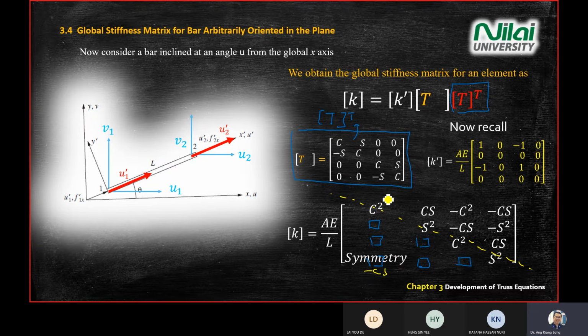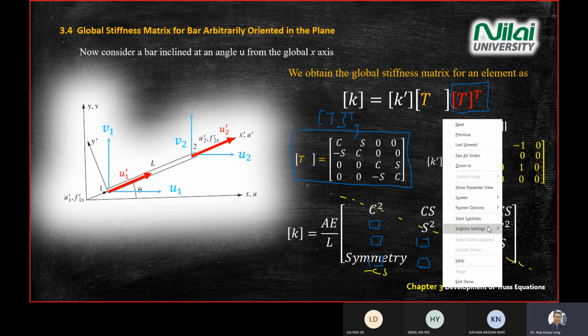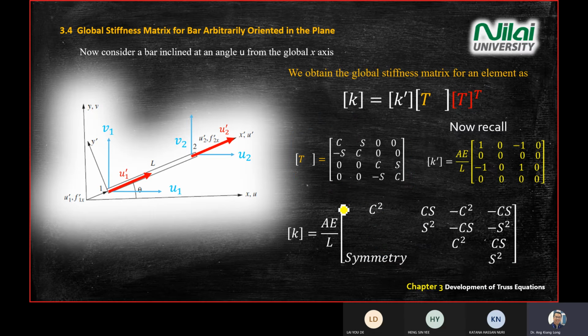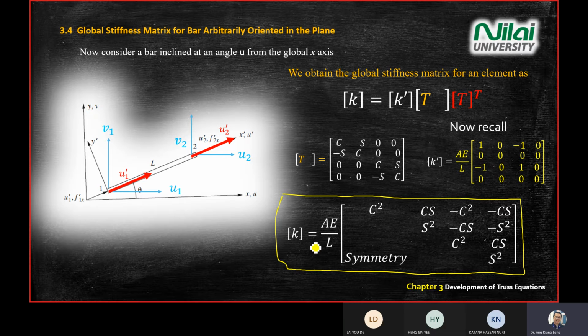If you do not know what a symmetric matrix is, go and look into your calculus textbook also. Okay. So another new matrix today, which is K equal to AE over L with your cos and sine inside there.